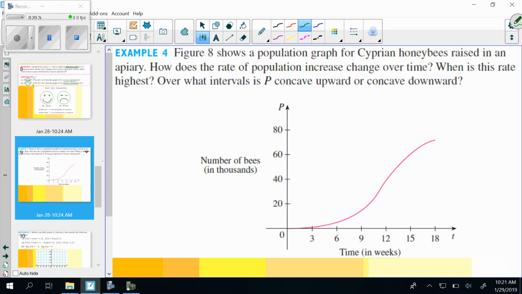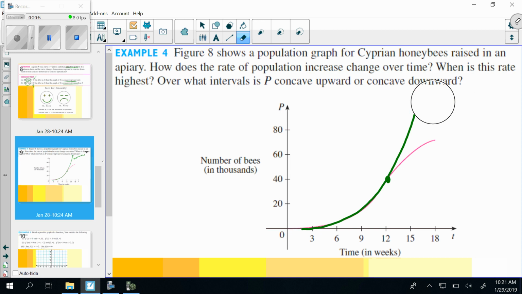So right away, this type of curvature in here you've seen before. This part of it looks like, and I kind of went off the graph here, but this is the exponential, increasing exponentially that you guys have seen in the past. However, somewhere around this point, right around 12, the curve doesn't keep increasing exponentially anymore.